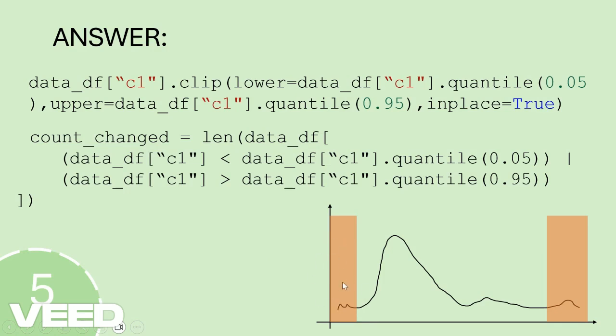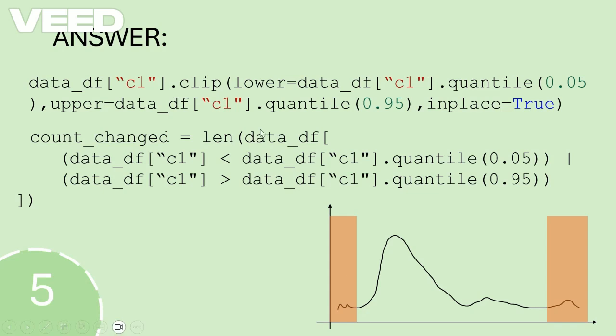So in this part of the data, I will reevaluate these values in the red box to the value of the quantile 0.05, and also do the same with the data that are above the quantile 0.95, reevaluating the values in the red box to the value of the quantile 0.95.